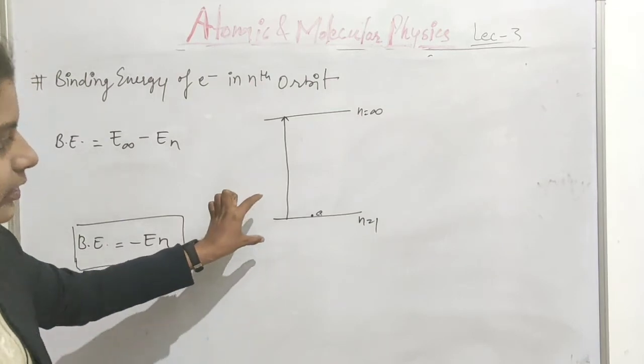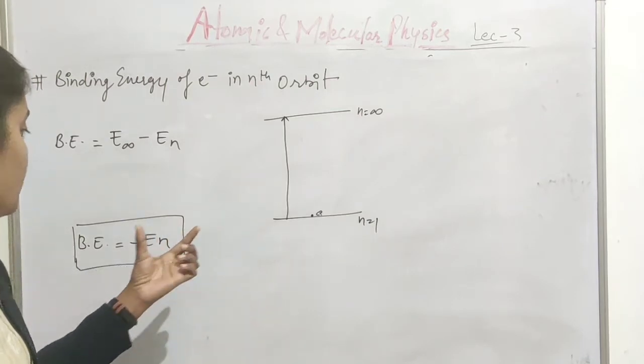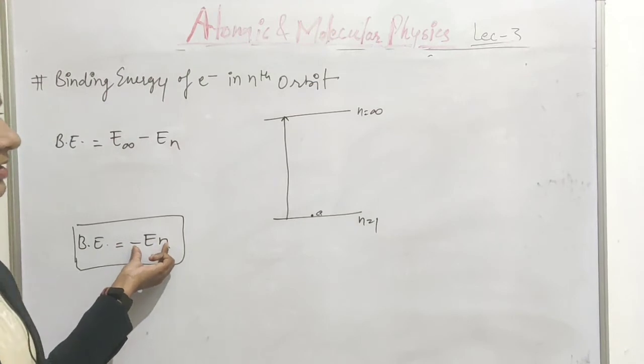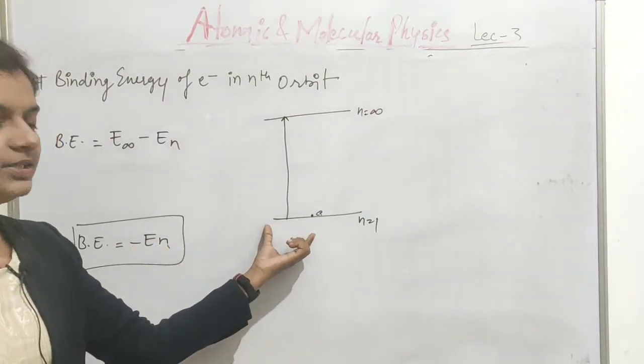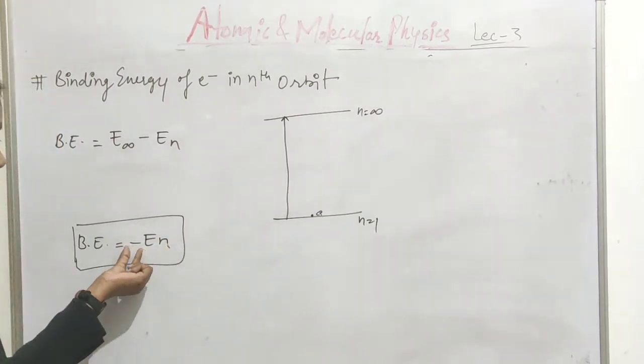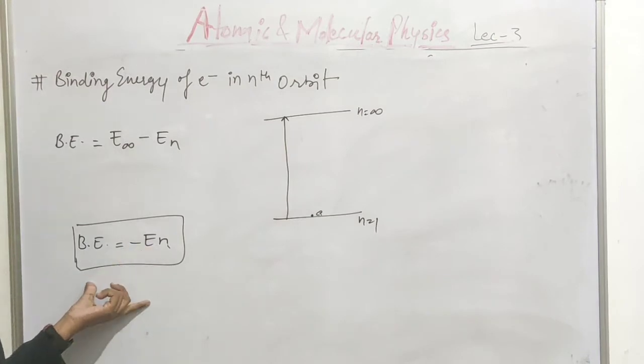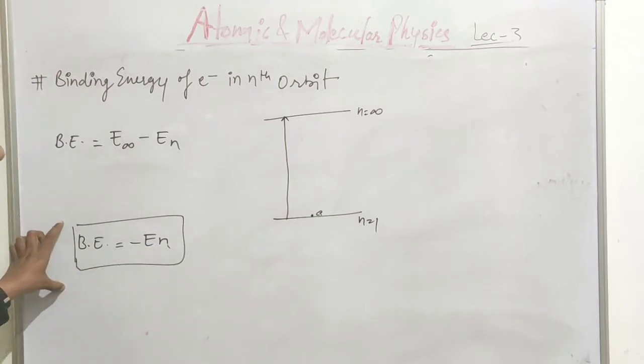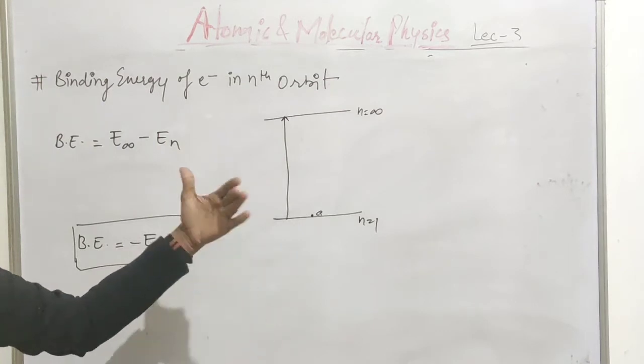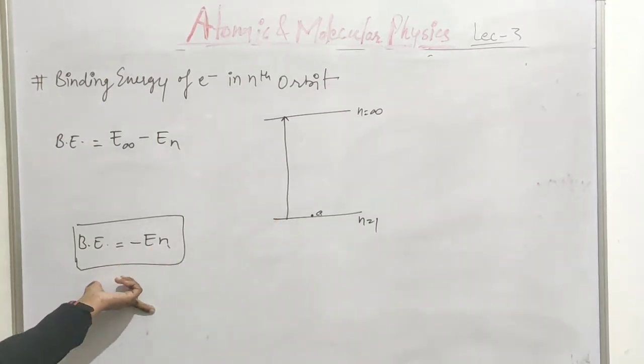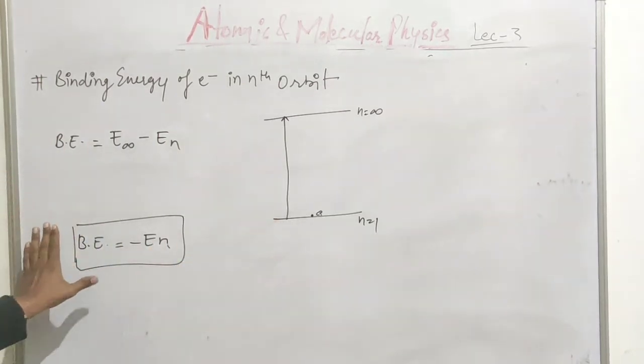If the electron is in the first state, then the binding energy will be the negative of this energy. And you know that in this state the energy is already negative. So taking the negative of a negative, this energy will be positive. Binding energy is the energy required, so it will always come out to be a positive value. So this is the expression for binding energy.